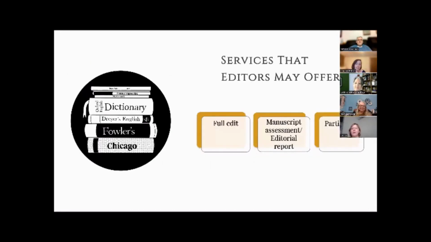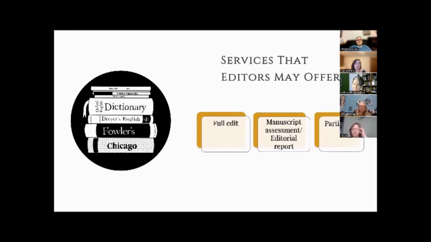And then very briefly, I know this is about editing your own fiction, but this is relevant because a full edit is what it sounds like. The editor will read your entire manuscript. They will offer an editorial report with a summary of their feedback, and they will also offer comments and suggestions within the manuscript itself. Another service that an editor might offer is just the editorial report, or sometimes it's called a manuscript assessment.